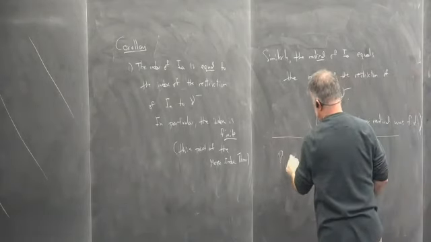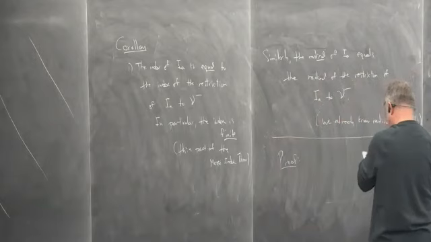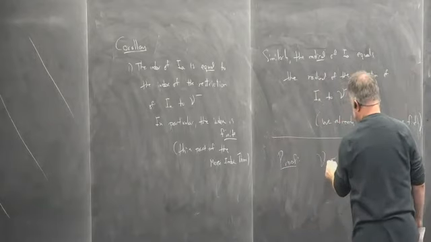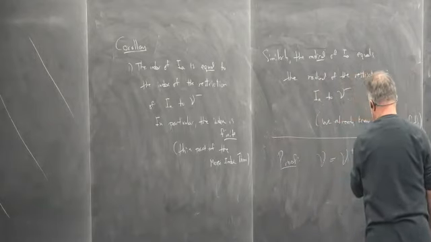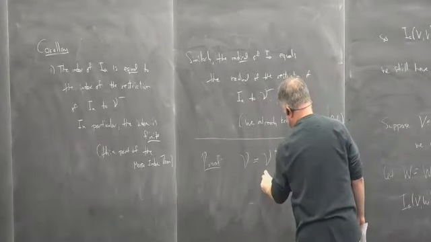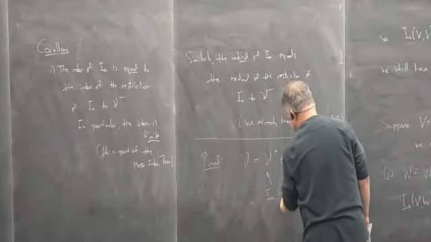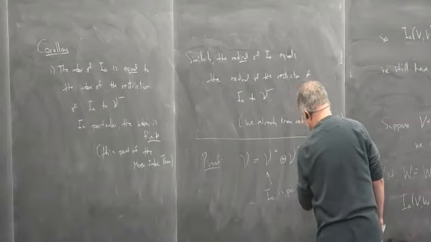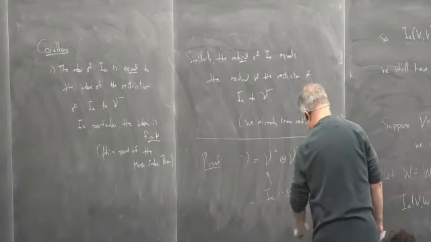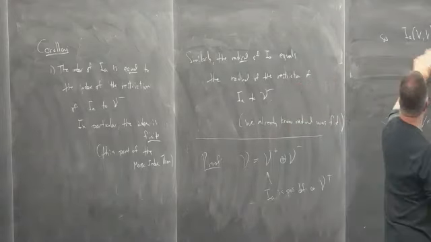Okay, so let's see why this is true. So we know that V is equal to V plus V minus, and IA is positive definite on V plus. Okay.